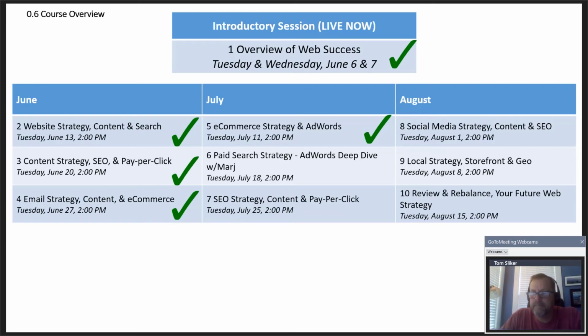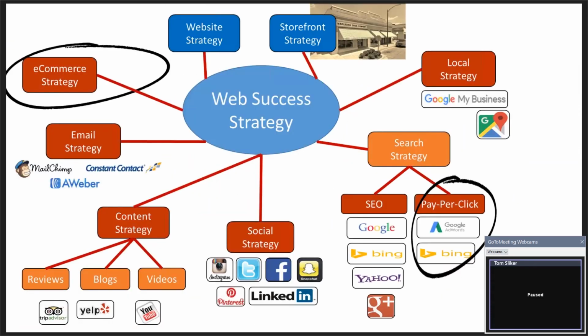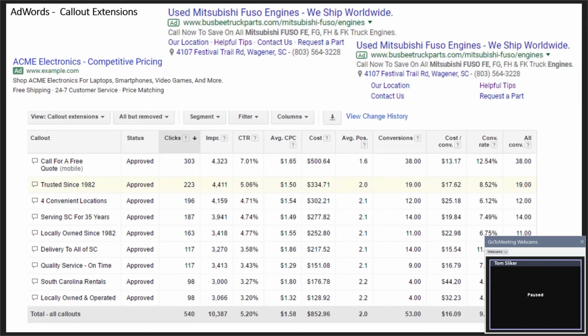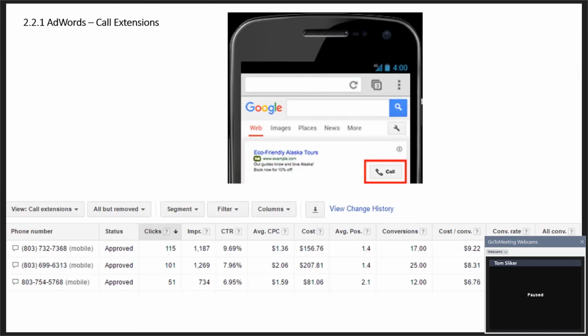What are the benefits of using a Google forwarding number? Okay, so we didn't talk about that much, but on your numbers, when we went to the call extensions, go back to that. There you go.